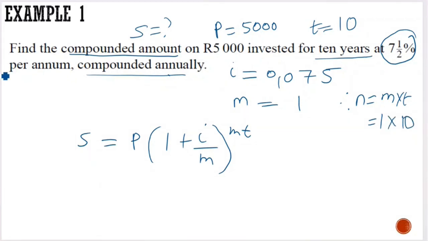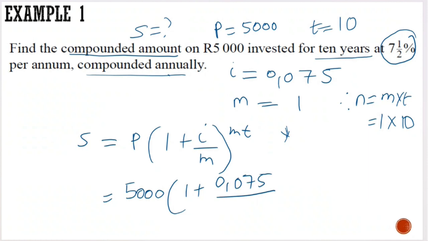I want us to use this formula so then we don't move between a formula which is not compounding. We stick to this formula. So now your present value is 5,000 into 1 plus your interest rate, 0.075.